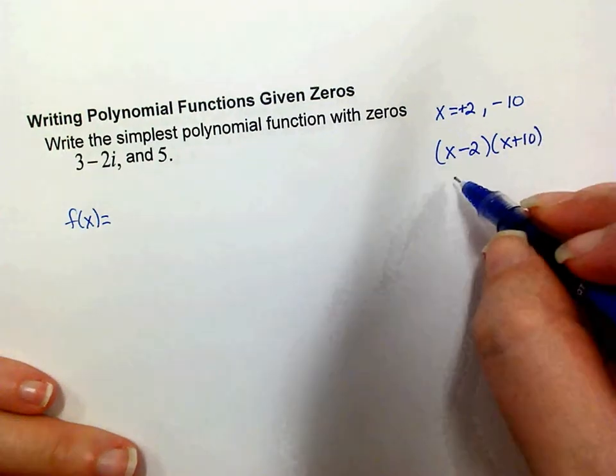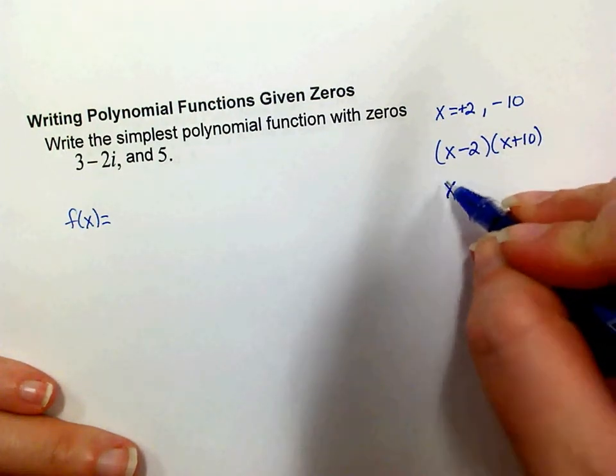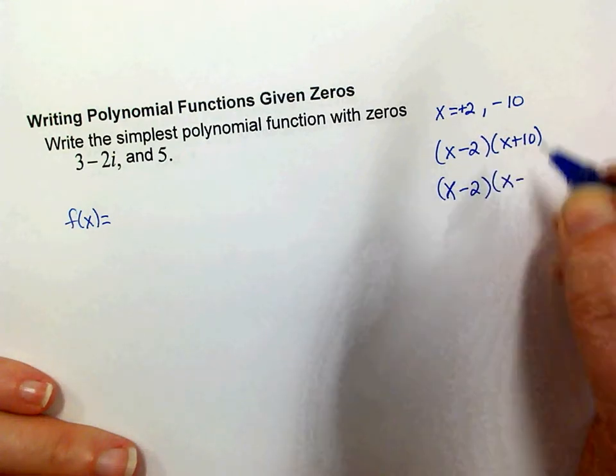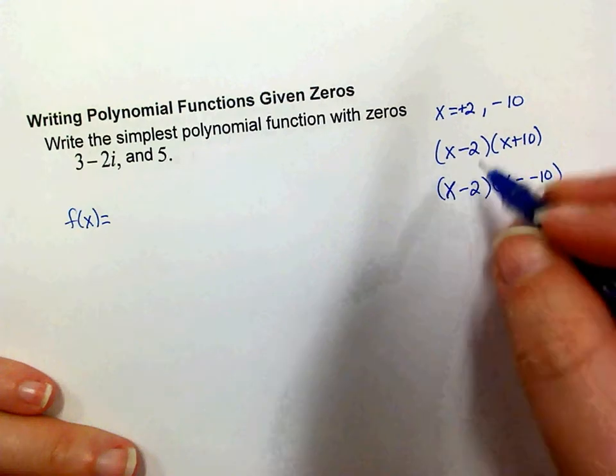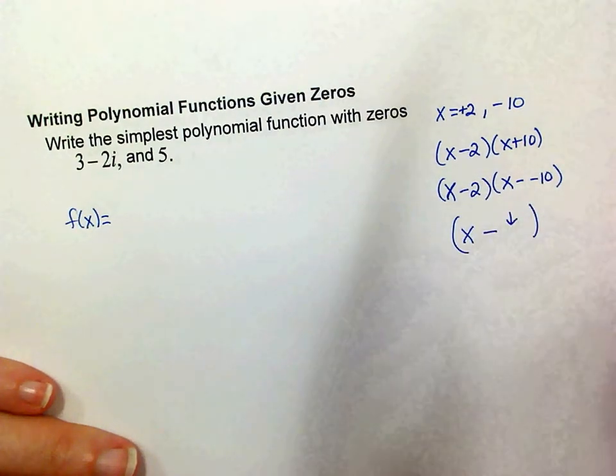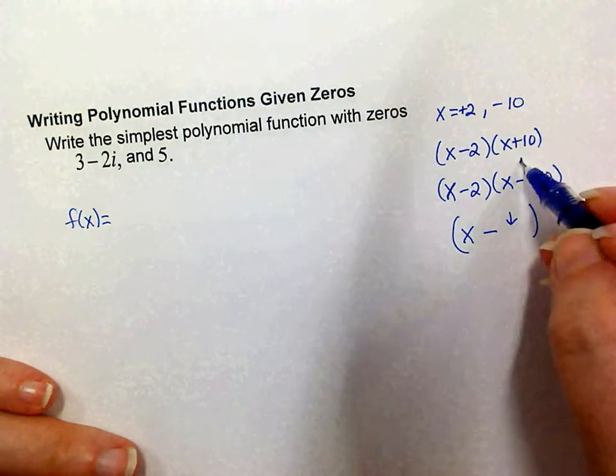Another way to think of it is x minus 2 and then x minus a negative 10. So every single time, it's always x minus the root. If the root happens to be negative, then it becomes positive.